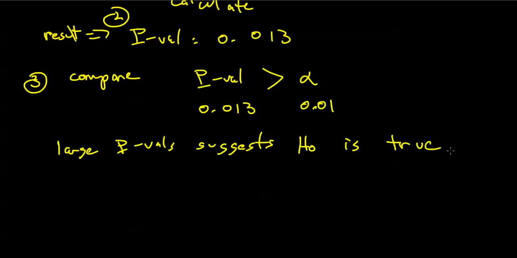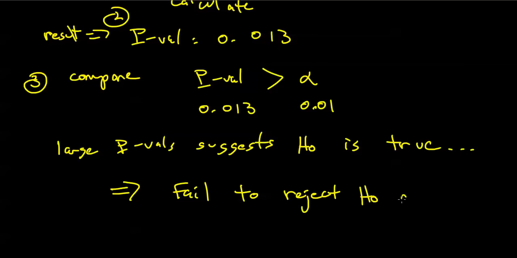There's nothing wrong with that assumption. Or at least that the data isn't significant enough, not extreme enough, to warrant rejecting H0. So in this hypothesis test, I failed to reject H sub 0 at alpha equals 0.01.